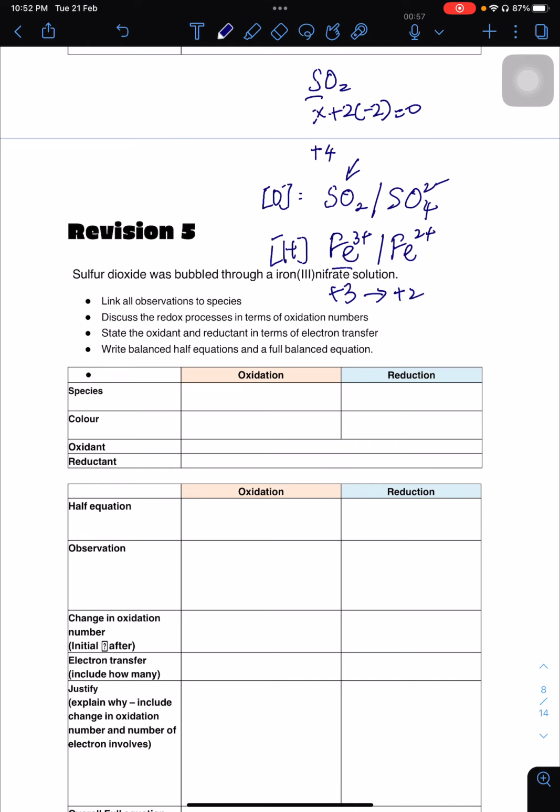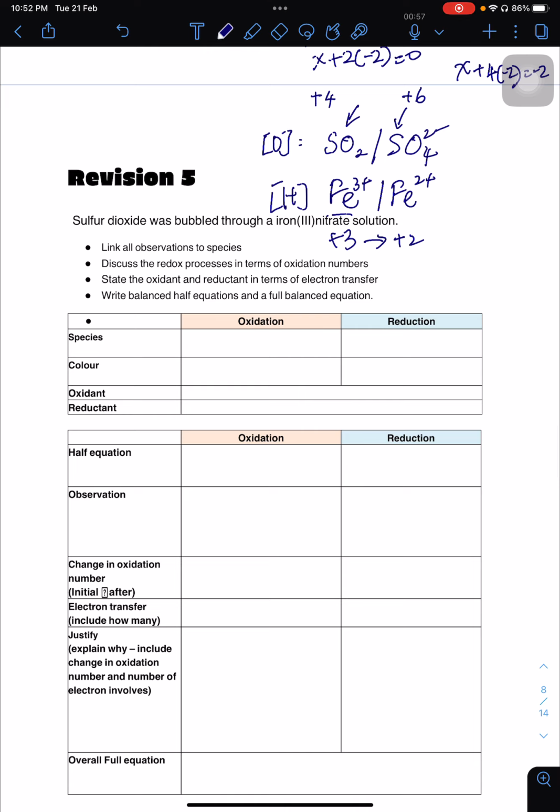And you can always double check that the sulfur in sulfate is +6. So say if you're not sure, again, use the same X method to find the oxidation number for sulfur. So again, from here you can easily see that the X is +6, increasing from +4 to +6.